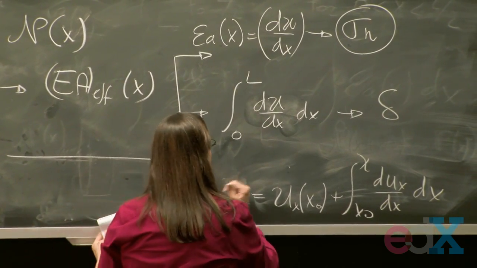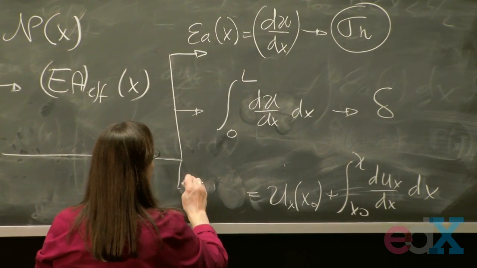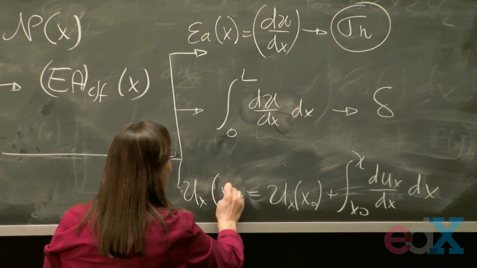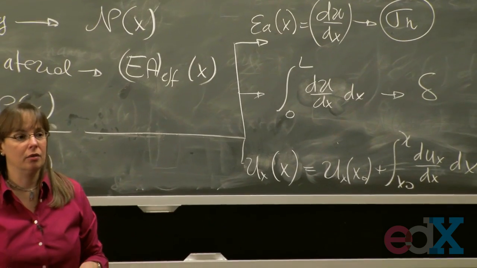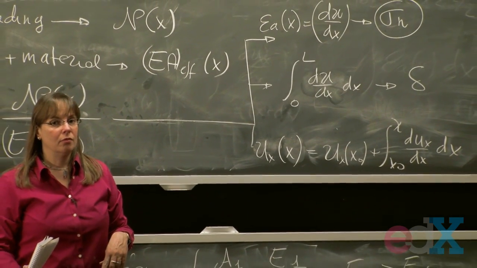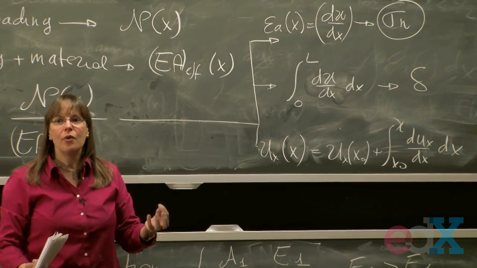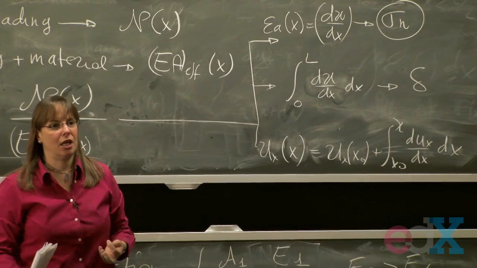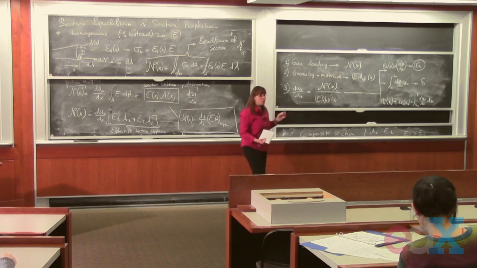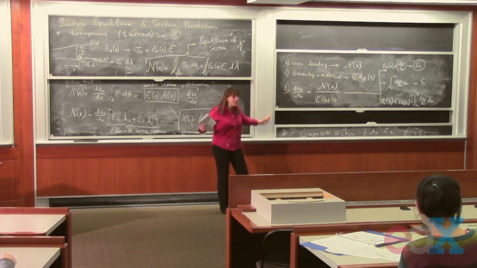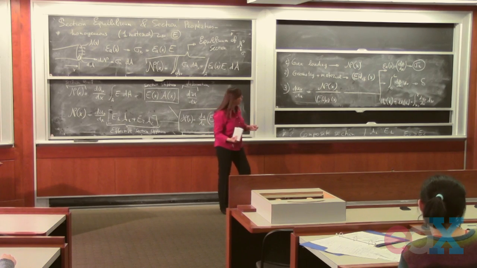This whole thing that you get here is u displacement as a function of x. You know where every single point of the bar is going. How is that? Great lasagna, I would say. Okay? So this is a very, very good, complete story for axial loading.